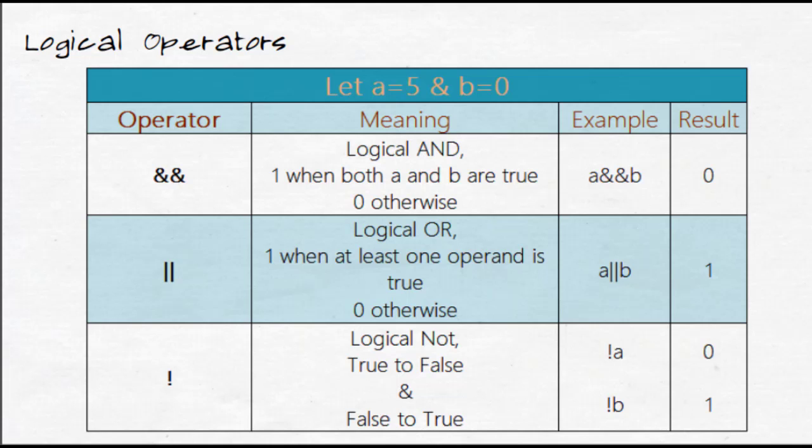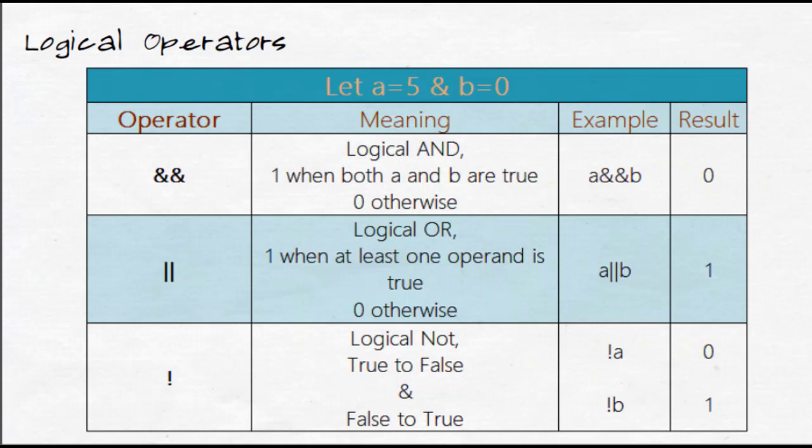In this example, the value of A is 5, which is true, and the value of B is 0, which is false. So, the logical AND will give 0 as all the conditions are not true. Whereas logical OR returns 1 because A is 5, which is true.